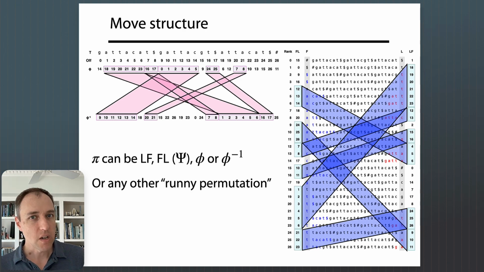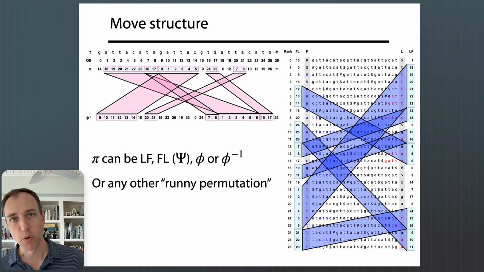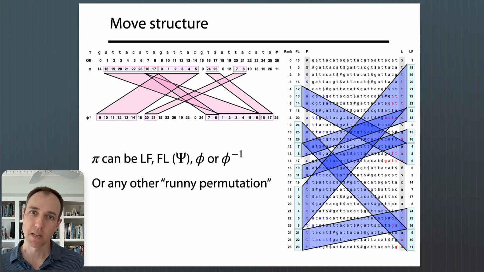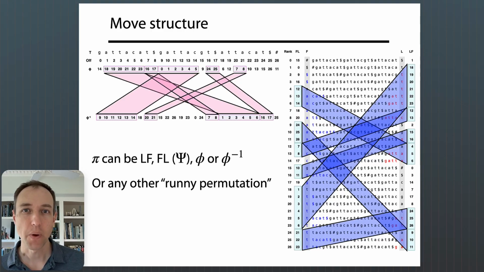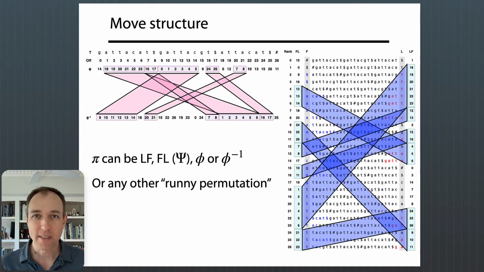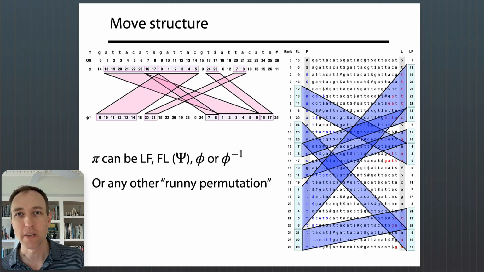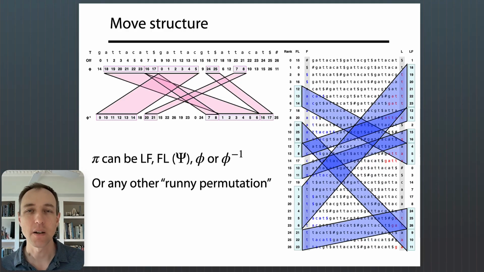This was all observed in the original paper by Nishimoto and Tabei, which talked about building move structures both for LF and FL type things, but then also for phi inverse type things, and it's been observed later as well in later work that uses compressed indexes in more ways. Furthermore, and we shouldn't forget this either, the move structure is not only for these compressed full text indexes, it's just for any runny permutation.